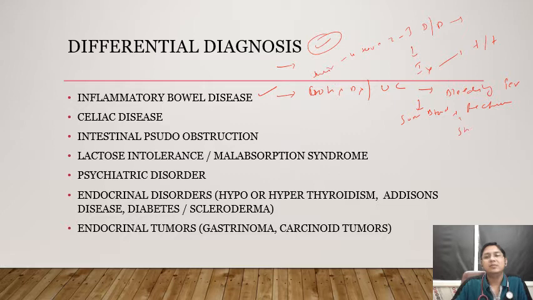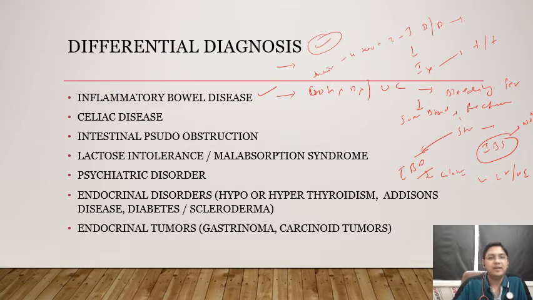If there is blood in stool, we never think of IBS, because in IBS there is no blood. So once there is blood, we will go for IBD, inflammatory bowel disease. Once we come to the differential of IBD, we will go for colonoscopy, and then we will see whether it is Crohn's or ulcerative colitis.